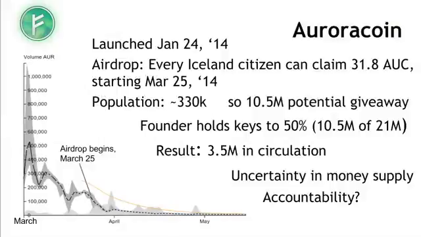Now I want to tell the story of an altcoin called Aurora Coin, which is fairly controversial. It's been widely considered either the most successful scam or one of the least successful altcoin launches. The theme of Aurora Coin is that it's intended to be an altcoin that supports citizens of the country of Iceland.